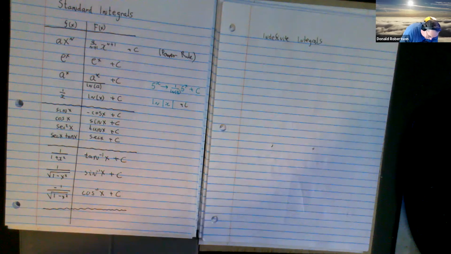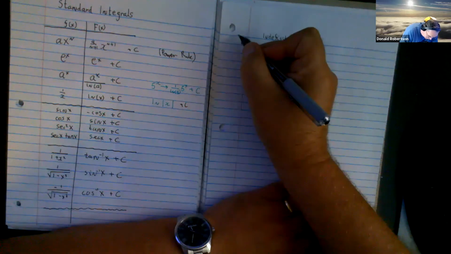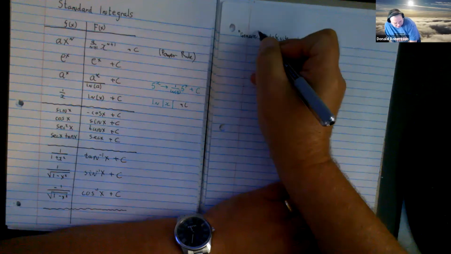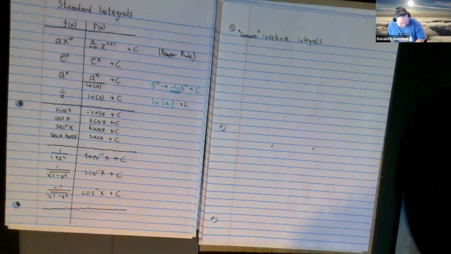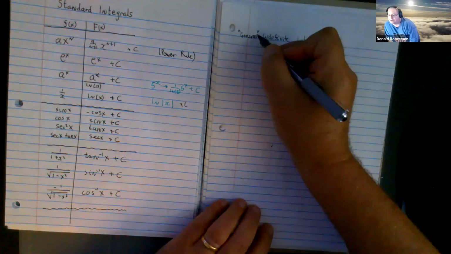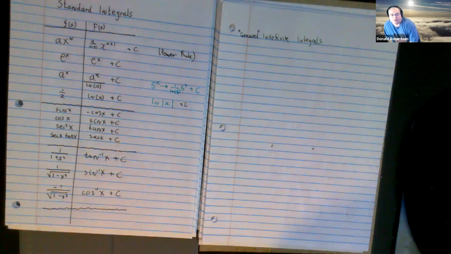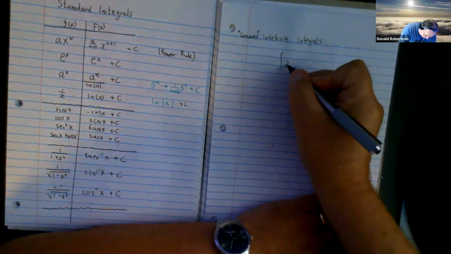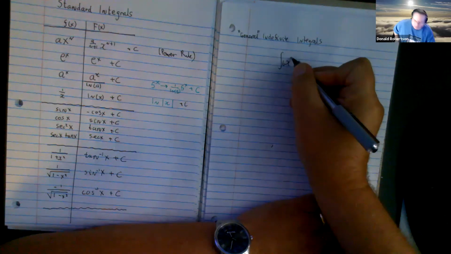Sometimes, but very few people do this, they stick the word general in front of it. So indefinite integrals, general indefinite integrals, and you might even, although I think it's highly unlikely, get them called general integrals if somebody's being lazy. I call them indefinite integrals. Indefinite integrals are the ones that don't have numbers, they have plus c. So an example of finding an indefinite integral would be someone solving that.